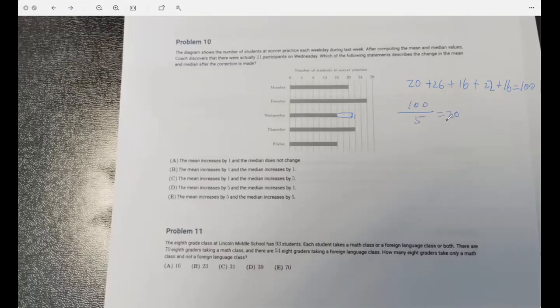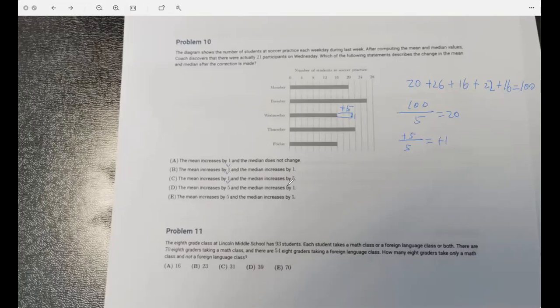So the mean will be changed from 20 to what? I add here and I increase 5, right? 5 divided by 5 means increasing 1. So the mean increased by 1.